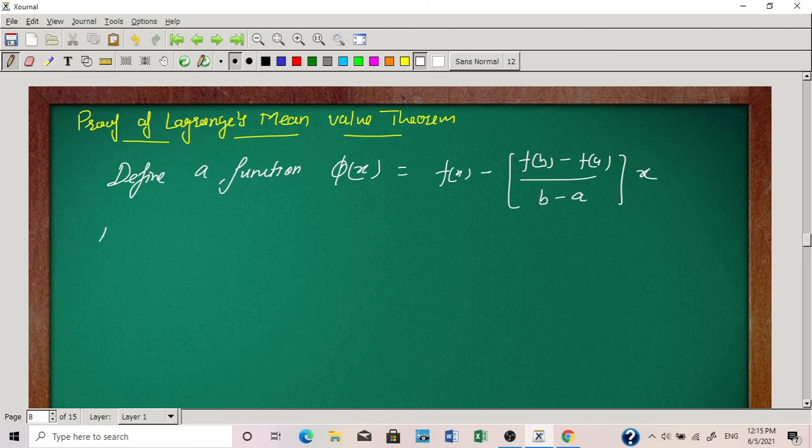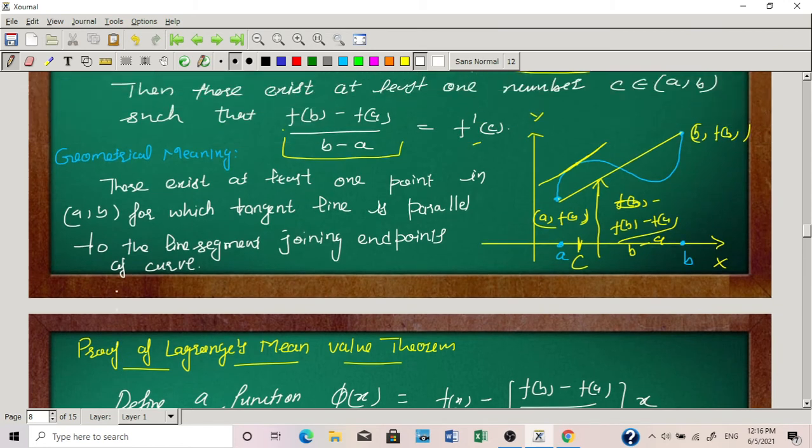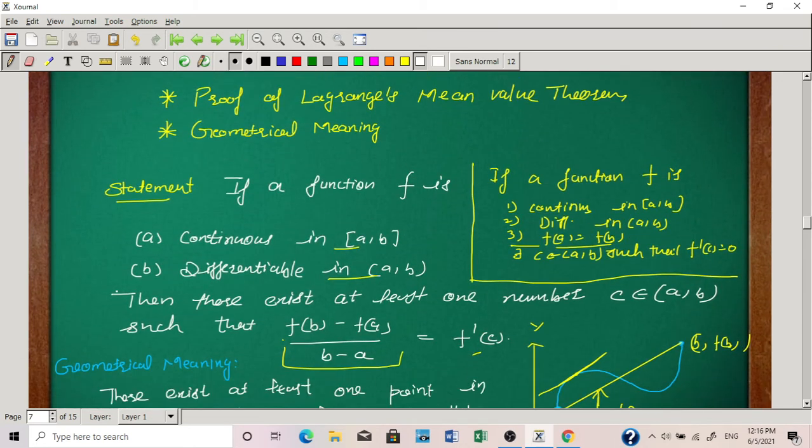Now, f(x) is continuous in the closed interval [a, b] and differentiable in the open interval (a, b), because this is the statement of the theorem.